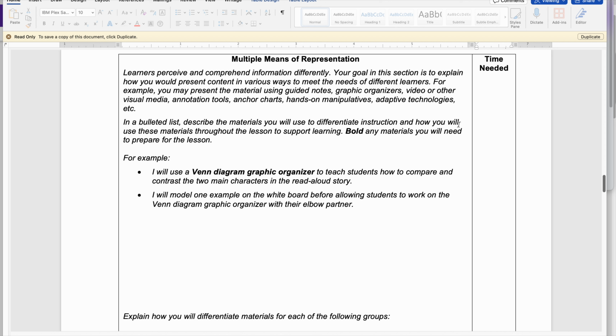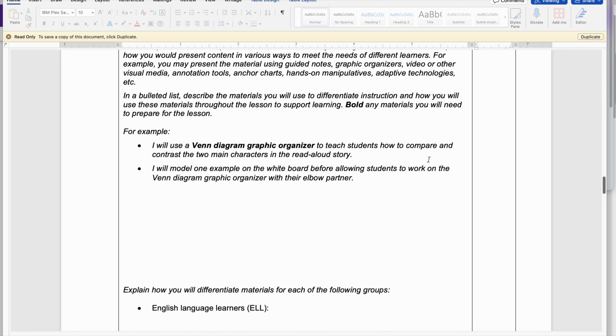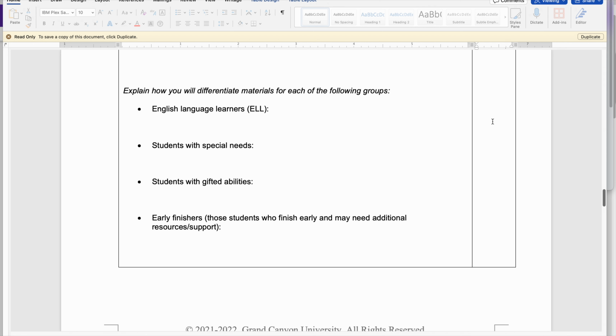We don't want to just rely on the fact that they can listen to you. If you're utilizing Venn diagrams, graphic organizers, etc., then they're also kinesthetically learning. If you're also including icons or visuals in your lesson with the instruction, then you're tapping into those visual learners. So this is really kind of the meat of what's going on here.